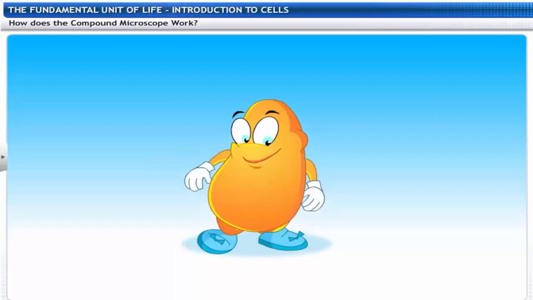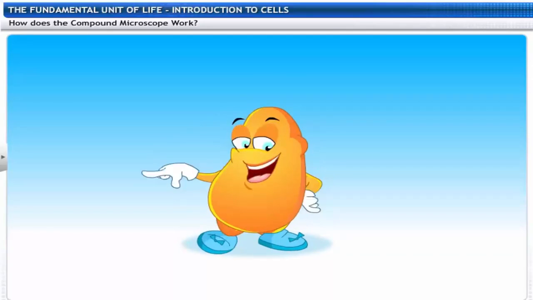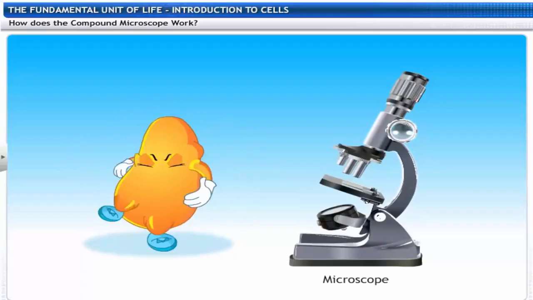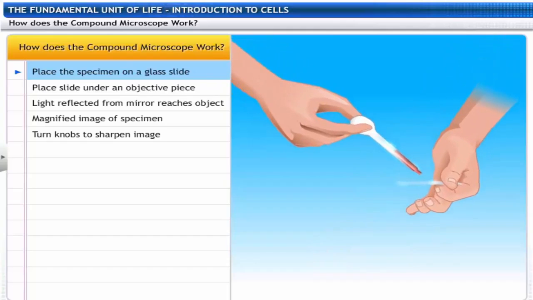So, without the microscope, you would have never known me. That's why I consider the microscope to be one of the greatest inventions of mankind. Let's see how a compound microscope works. The specimen to be observed is placed on a glass slide.